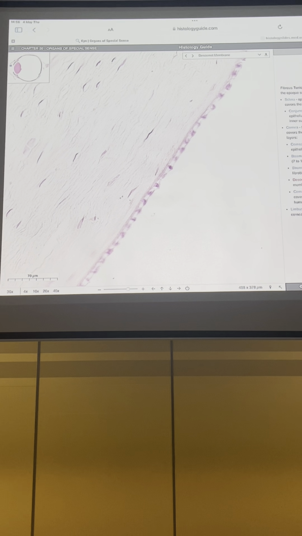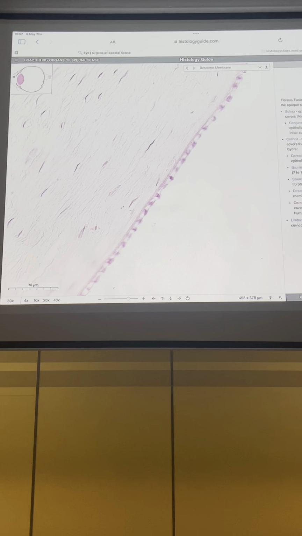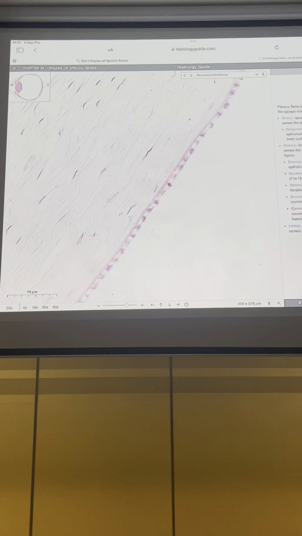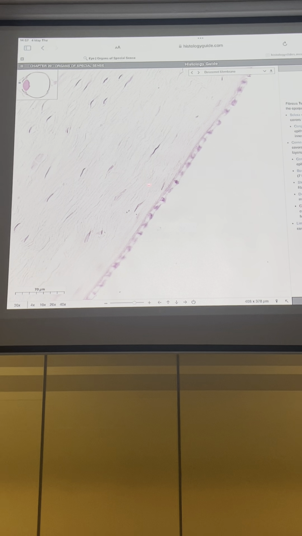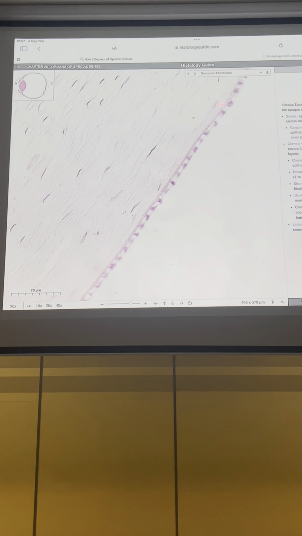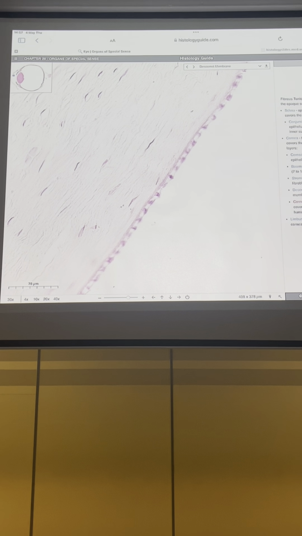In some references, they say these cells are simple cuboidal epithelial cells. And between the endothelium and stroma, we have a basement membrane. This basement membrane is known as the Descemet membrane.